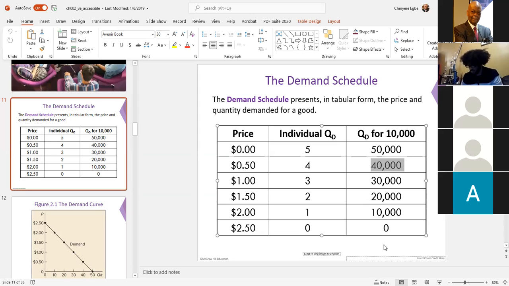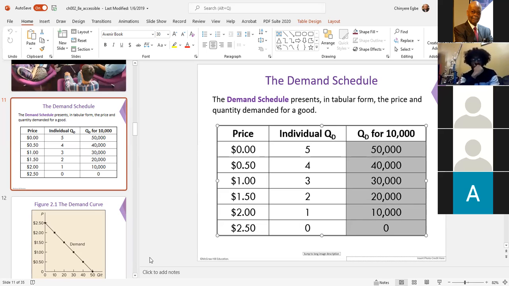If you don't have all the money, you will not be able to buy. So once the price goes up, either because you are making a substitution or your budget is limiting you, the quantity demanded will be less. If the price goes to $1, that reduces the quantity you want to buy even more, and so on. As the price goes up, the quantity demanded goes down.